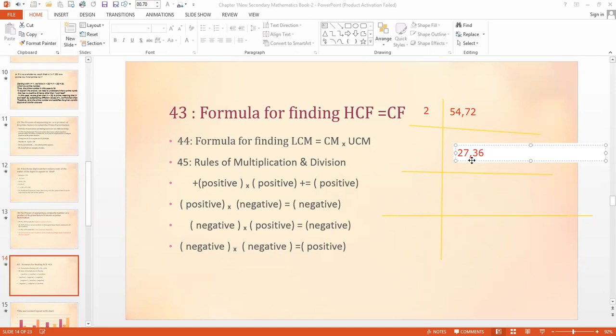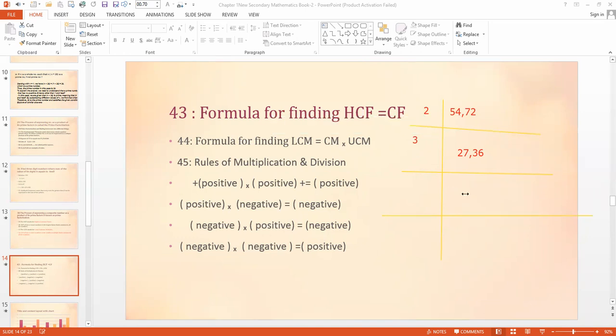So it is not divisible by 2. Next, 7 plus 2 is 9, and 3 plus 6 is 9, so it is divisible by 3. Obviously it is divisible by 3, so I divide by 3. In the 3 times table, when will 27 come?